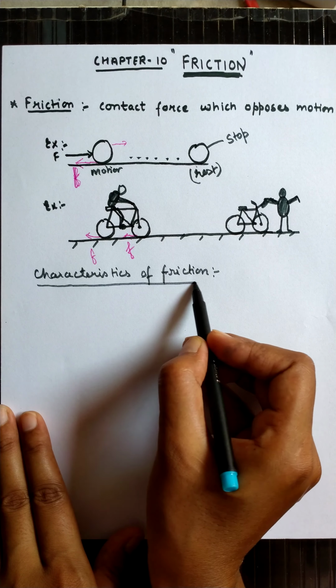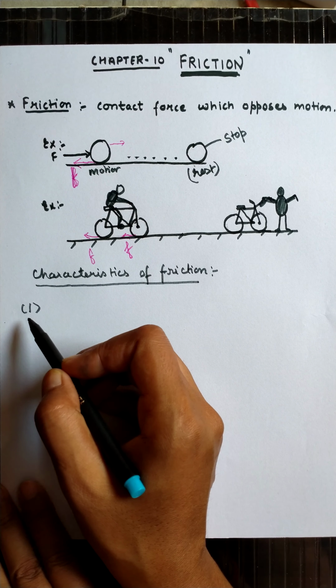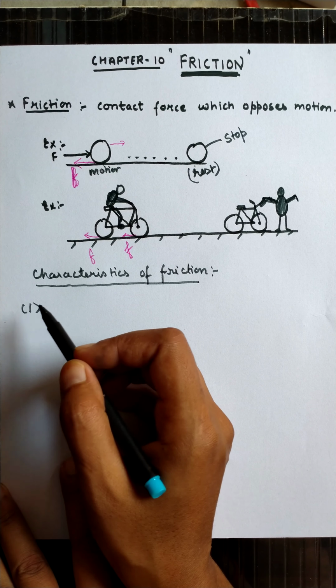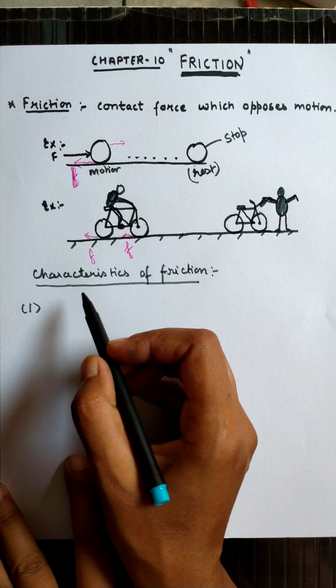So, there are certain characteristics of friction. First thing, the friction force is only present when the two bodies are in contact with each other.